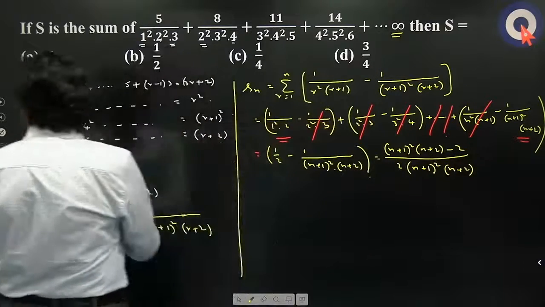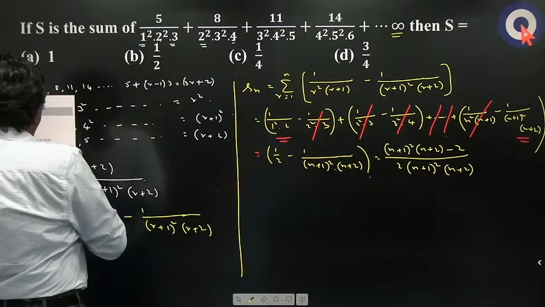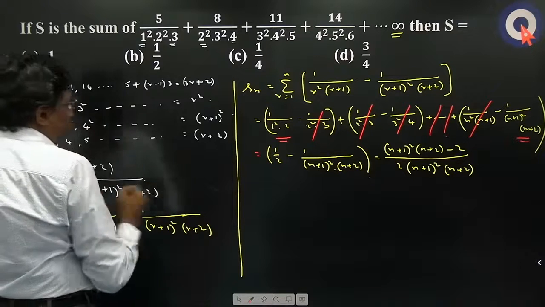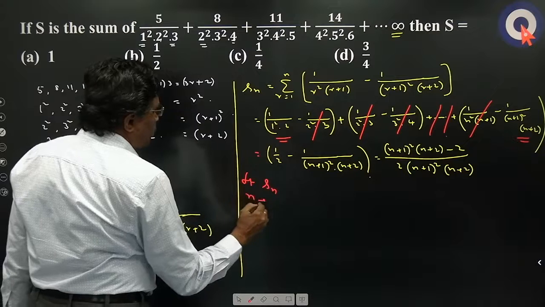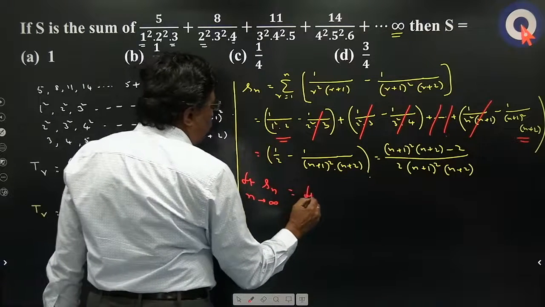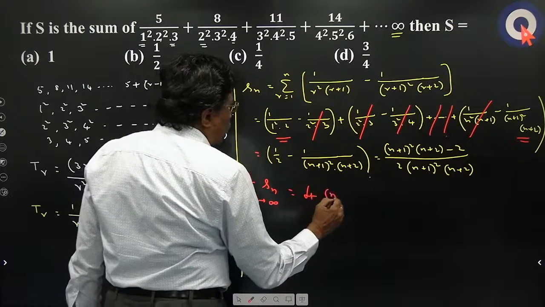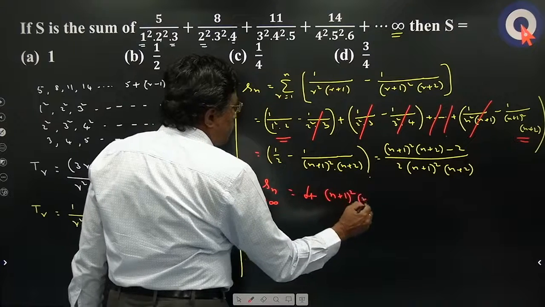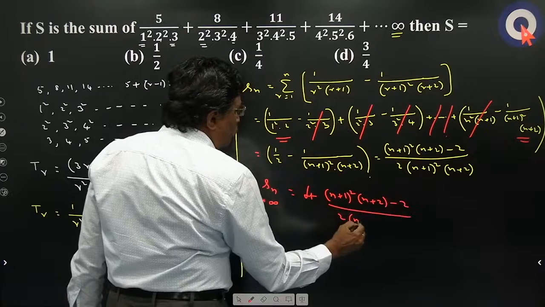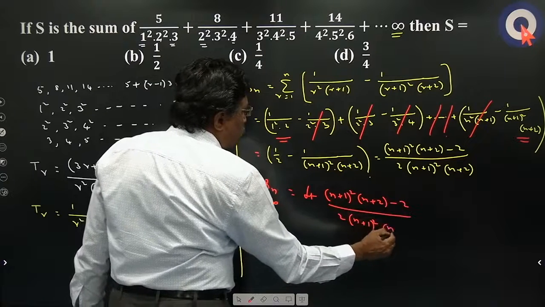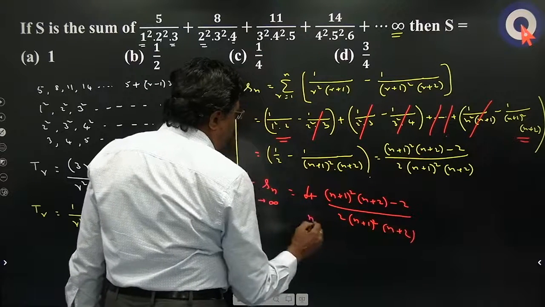Now we need the limit of Sn as n tends to infinity. So this is the limit of n plus 1 whole square into n plus 2 minus 2, by 2 into n plus 1 whole square into n plus 2, as n tends to infinity.